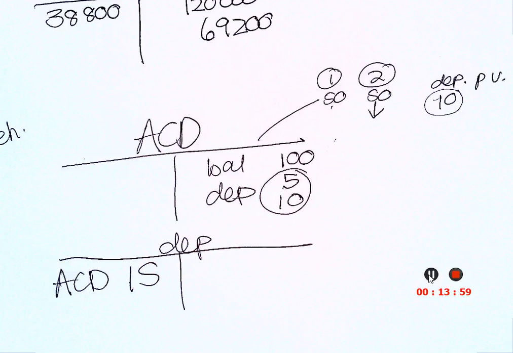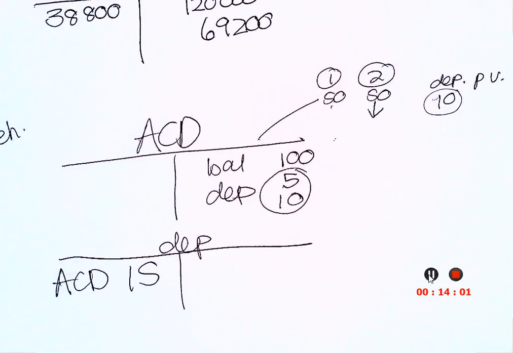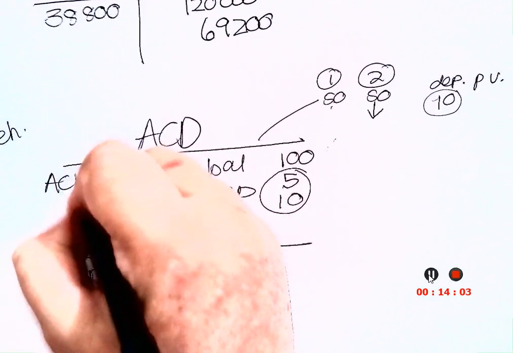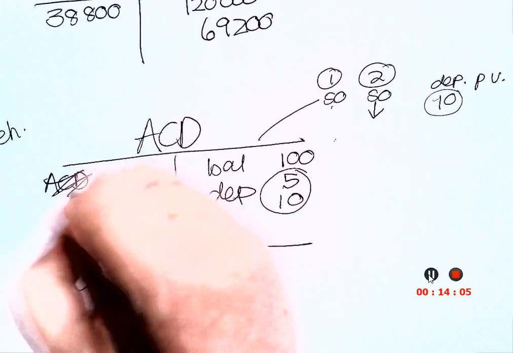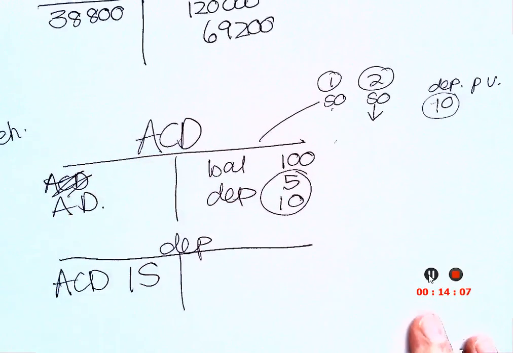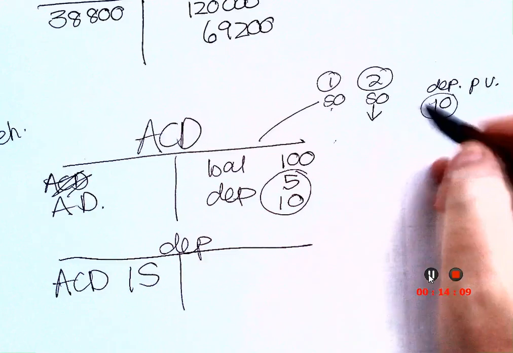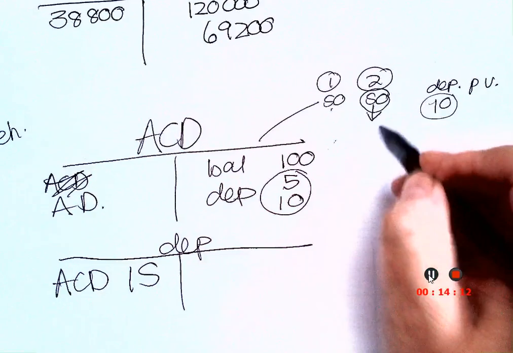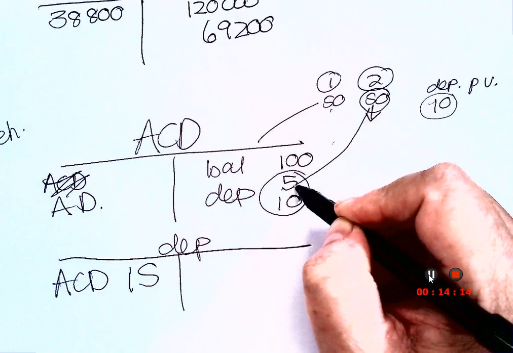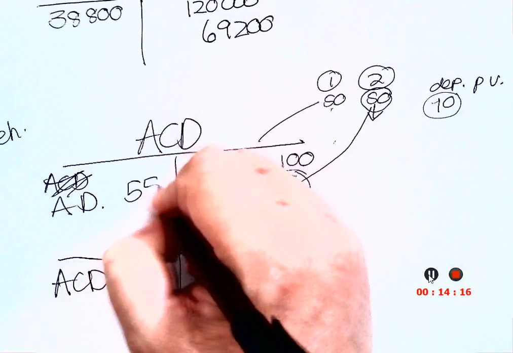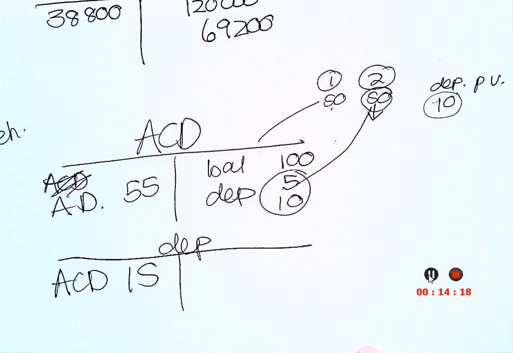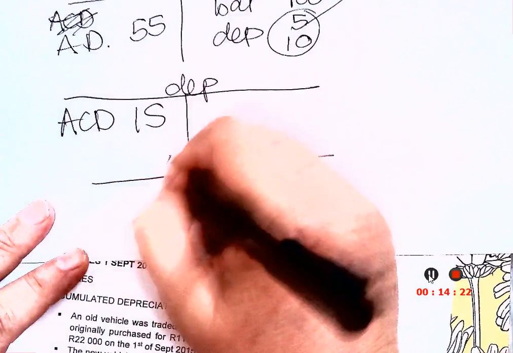Now I take out the vehicle that I sold, the accumulated depreciation of the asset disposal. Right. Now what was vehicle 2? It was the 50 plus the 5. So it gives me 55 that I'm taking out. That 55 I take to the asset disposal.